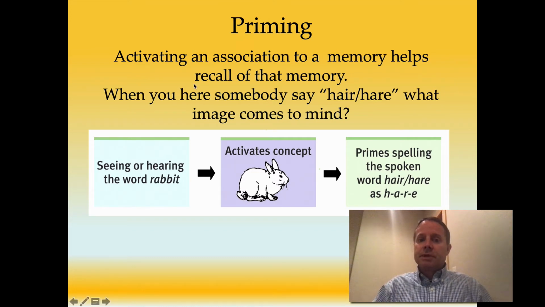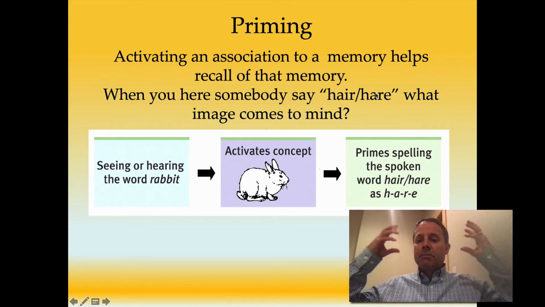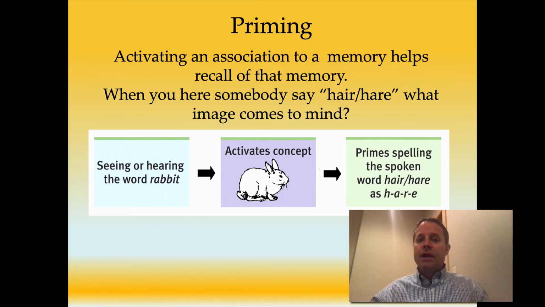By the way, I misspelled here. Sorry about that. If they don't know which one because they sound exactly the same, and you showed them a picture of a rabbit right before you asked them to spell it, then they will be more likely to spell it H-A-R-E, because those memories are primed in their brain.